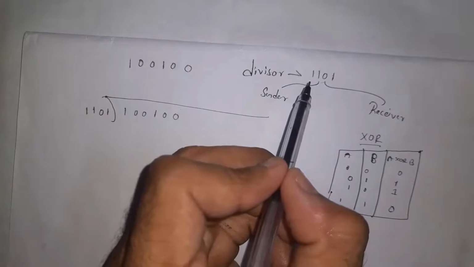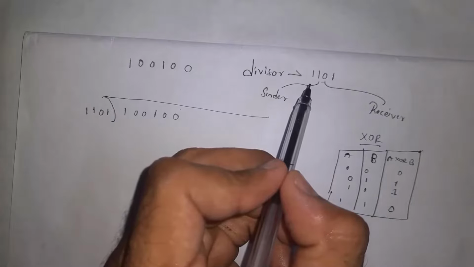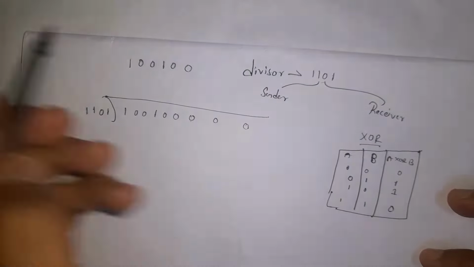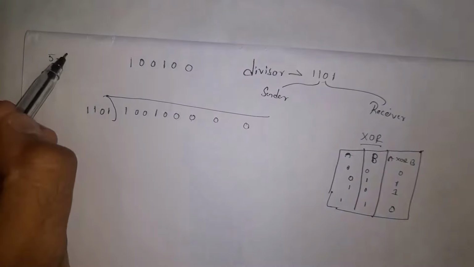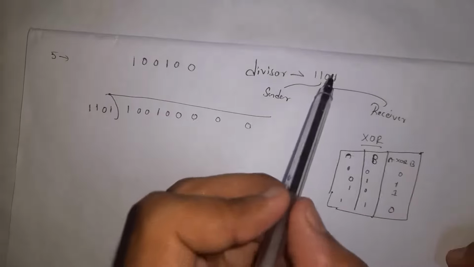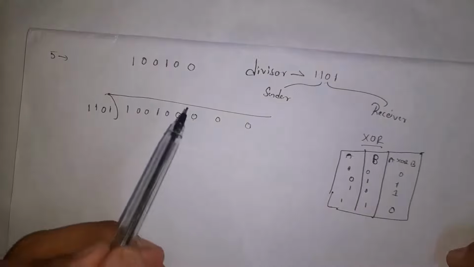If our divisor contains 4 bits, then we need to add 3 zeros to our data. If the divisor contains 5 bits, then we need to add 4 zeros. If the divisor contains 6 bits, then we need to add 5 zeros. As the divisor contains 4 bits, I am adding 3 zeros to my data.